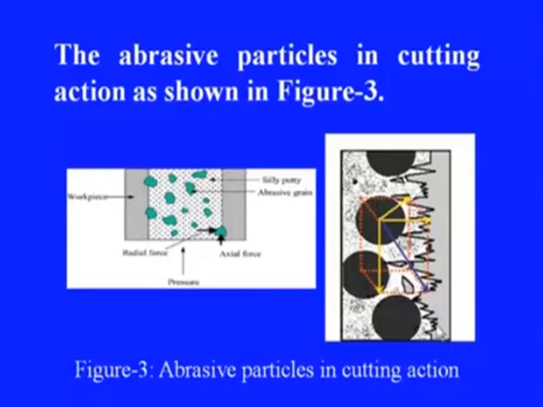This can be done with the help of tiny abrasive particles like this. These abrasive particles are pushed through with the help of this medium, which is pushed under pressure. While coming in contact with these asperities, some of these asperities get cut.